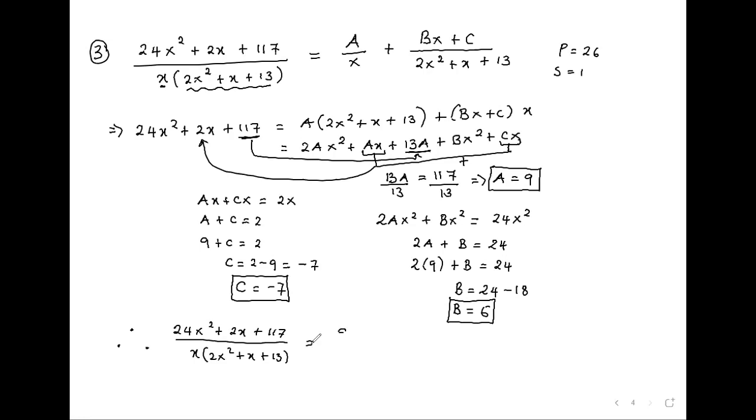A is 9. 9 over x plus b, 6x minus 7 over 2x squared plus x plus 13, which is the partial fractions that we have in that order.